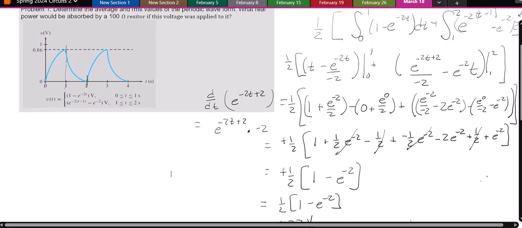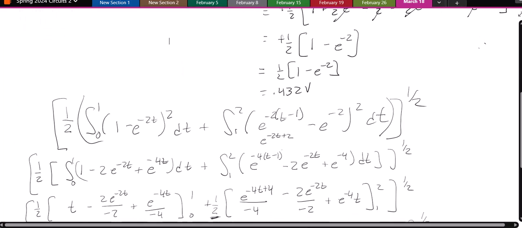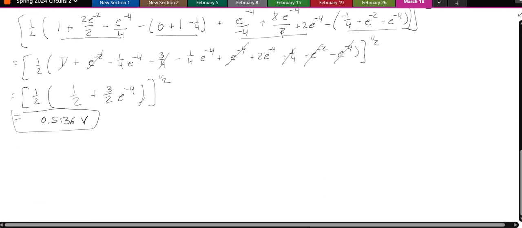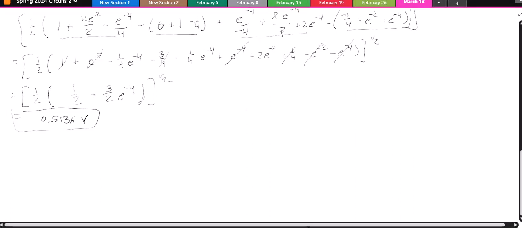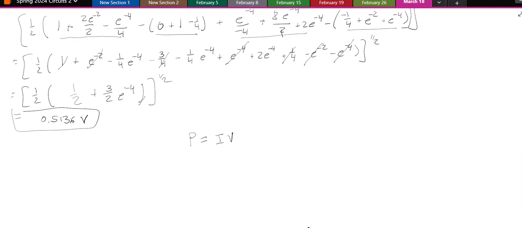The resistor is just 100 ohms. It's also real, and so there's no complex power at all. It's just real power. So the power is just IV.